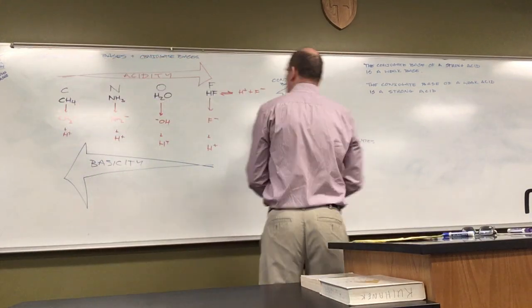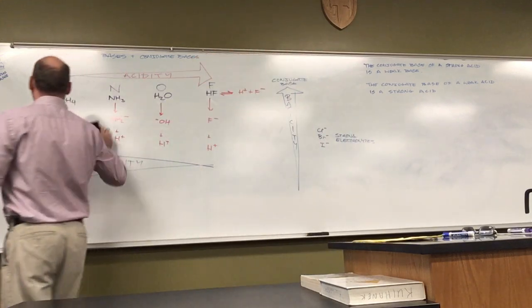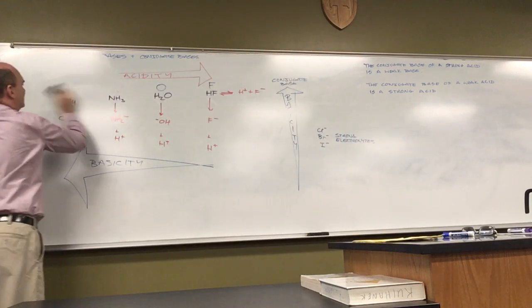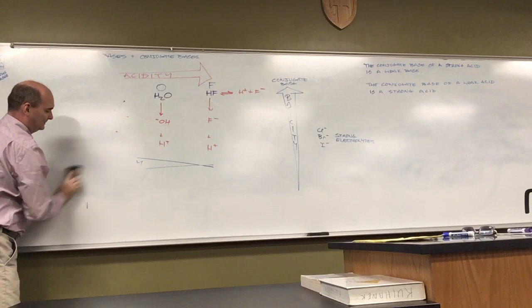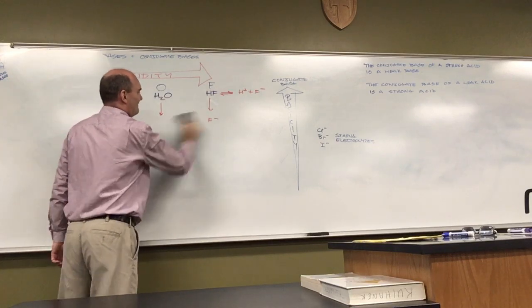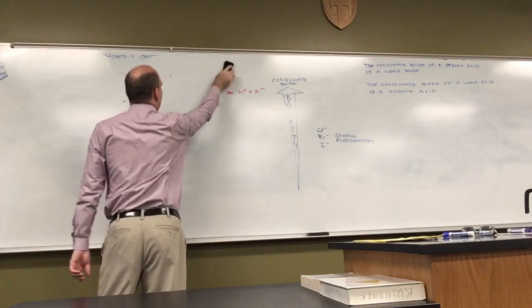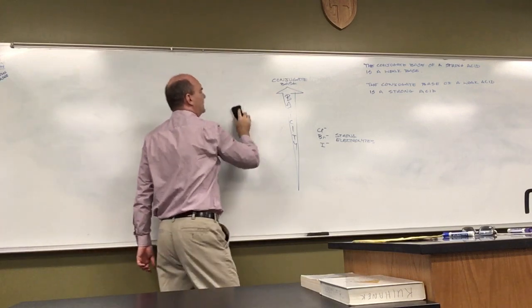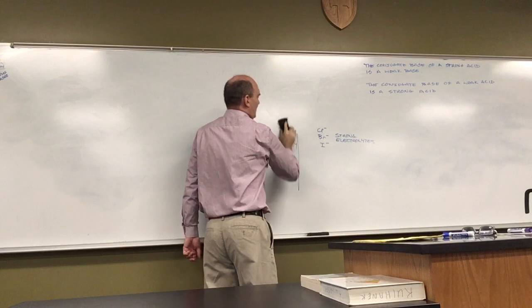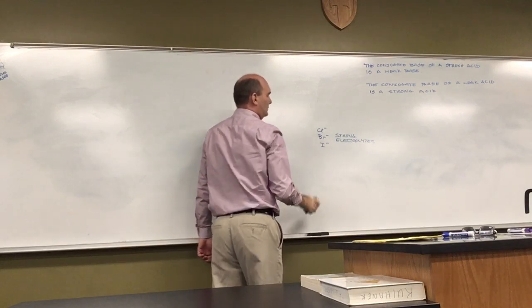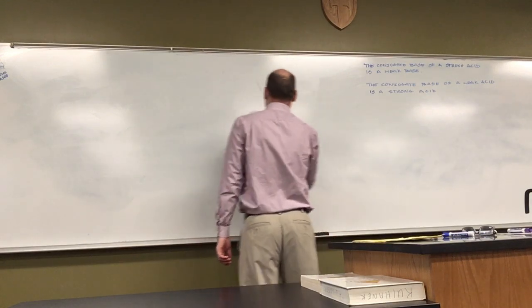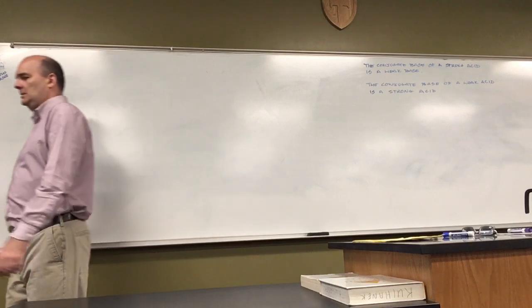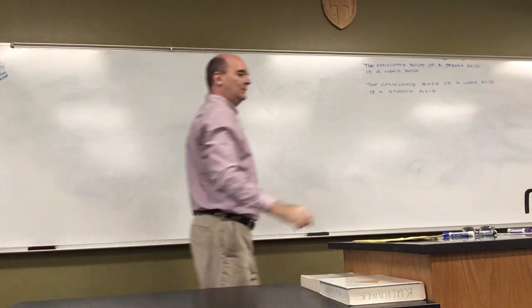Okay, let's do some neutralizations and see what we got. We'll start with the easy, obvious ones, and then we'll make them progress to the point where we have to do some investigating to figure out what's really going on.